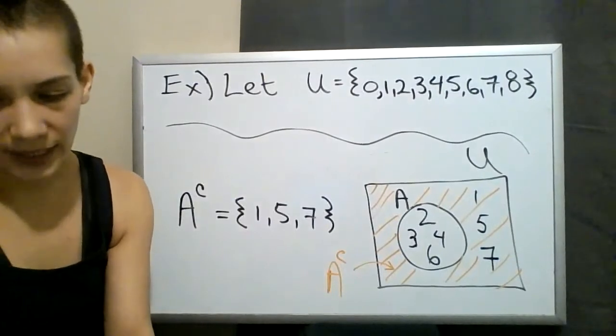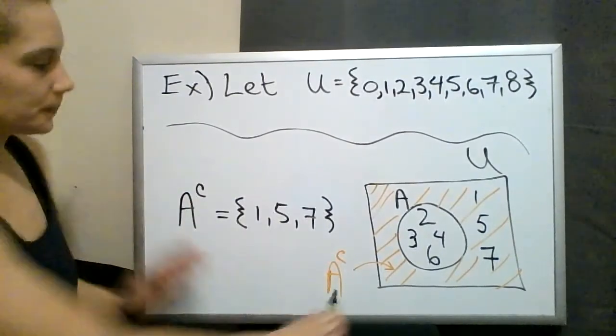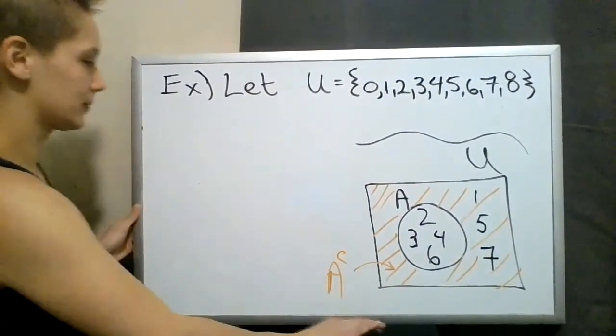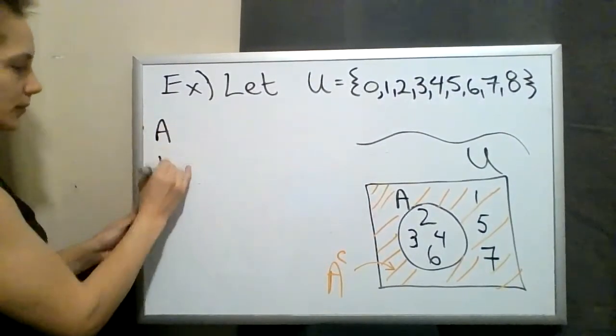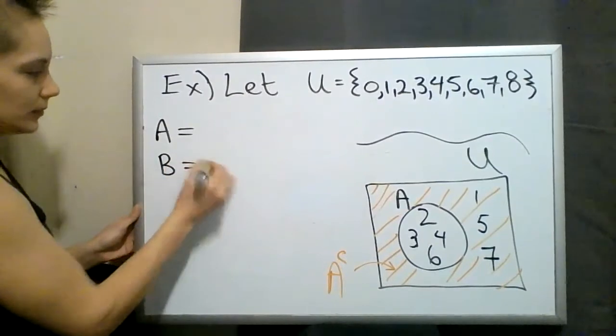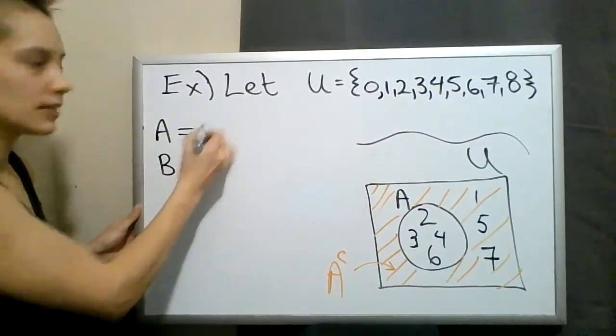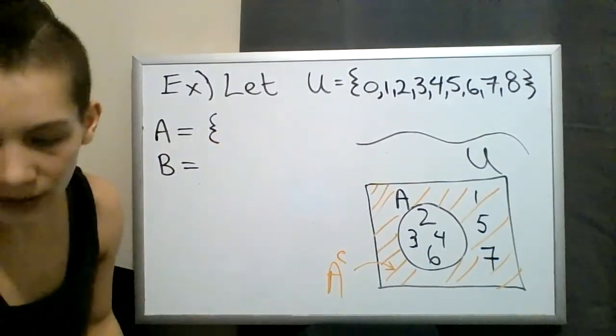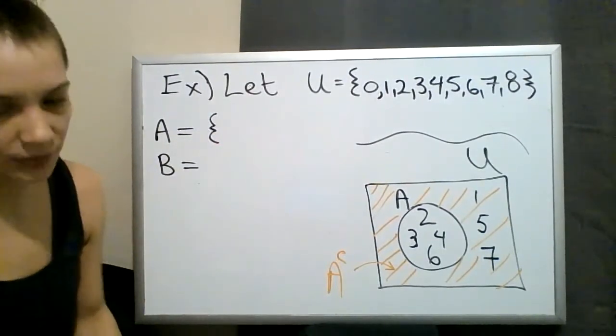We have 2 subsets, A and B. Okay, so the set starts and it contains 0, 1, 2, 3, 4, 5.